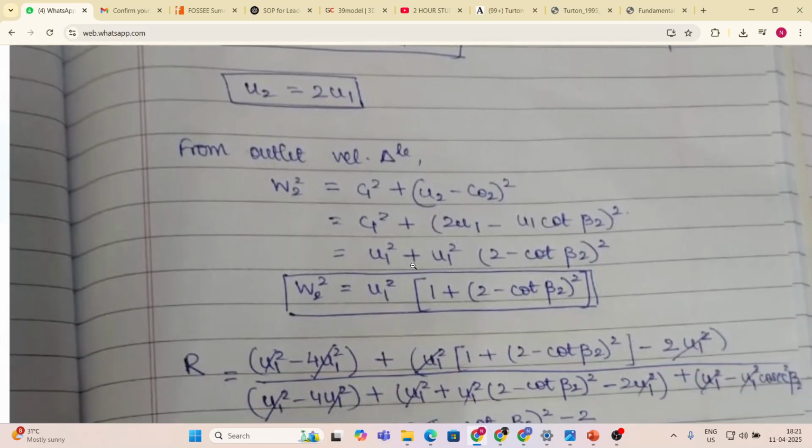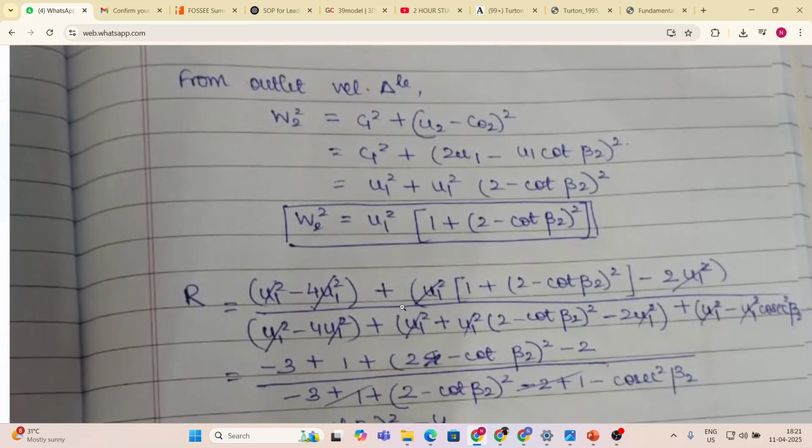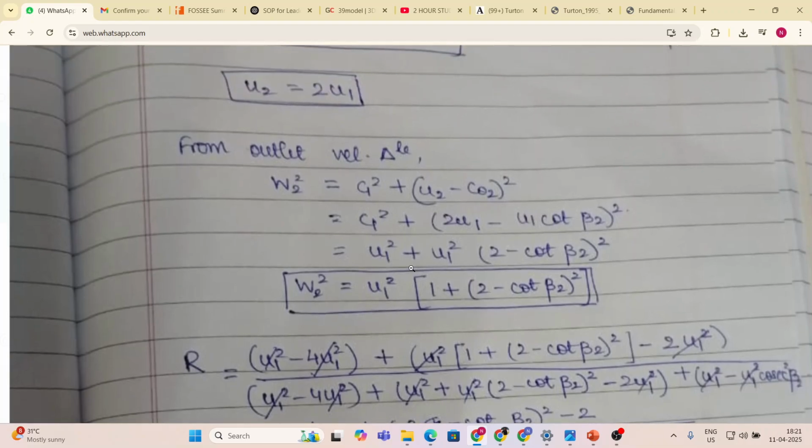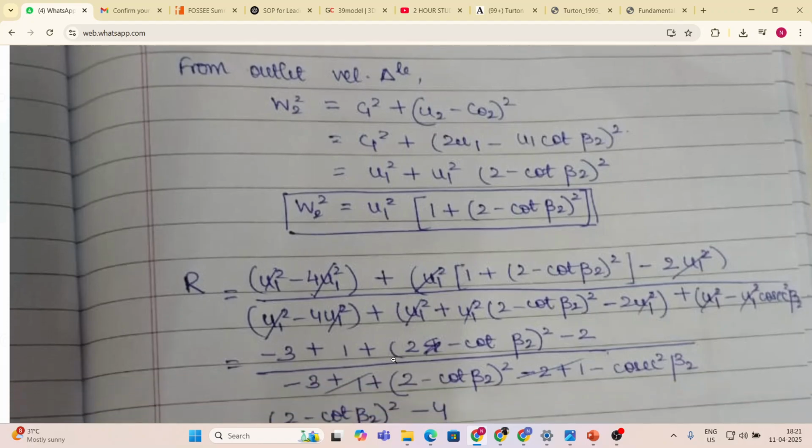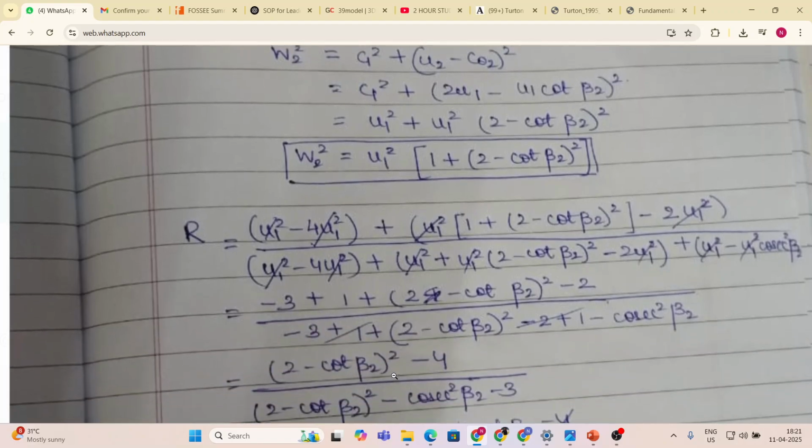So I've done the same here, where CR2 is equal to C1, and so we have gotten all this. Now I have gotten all the variables into some form of U1, and I've substituted them into the formula of degree of reaction and gotten this.